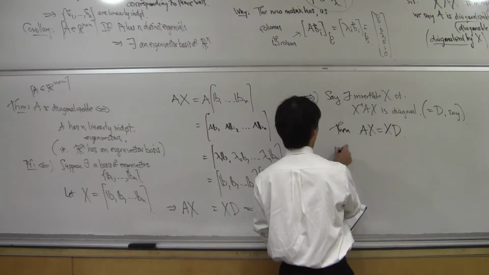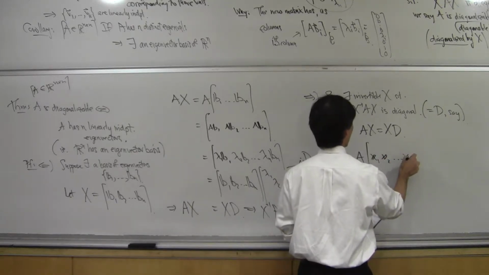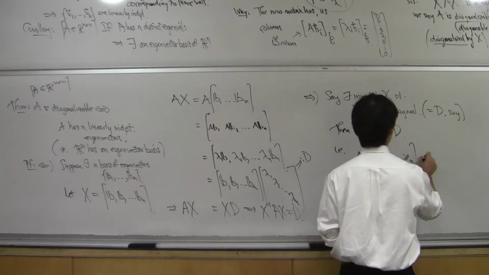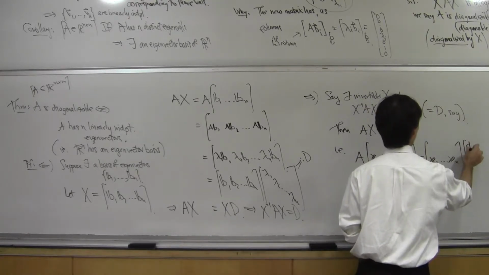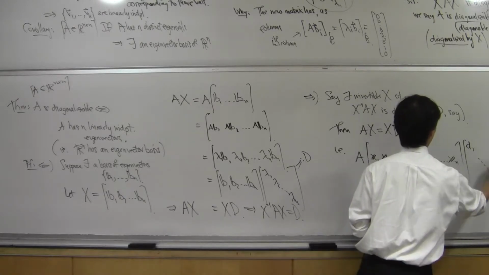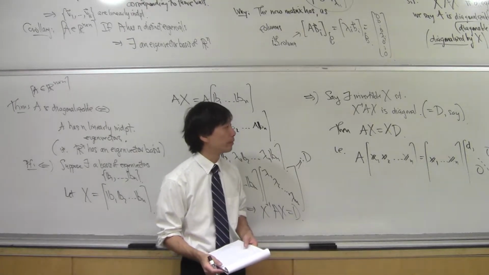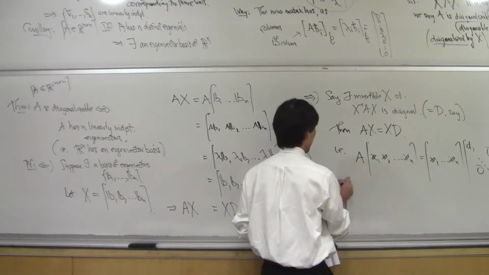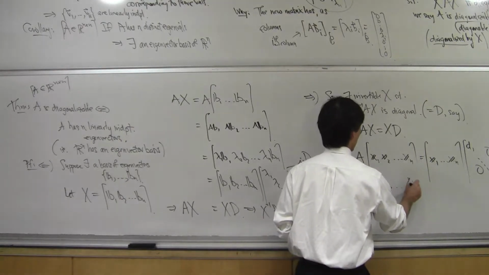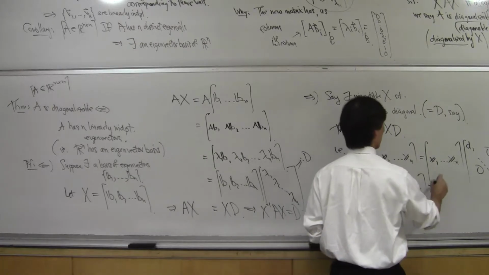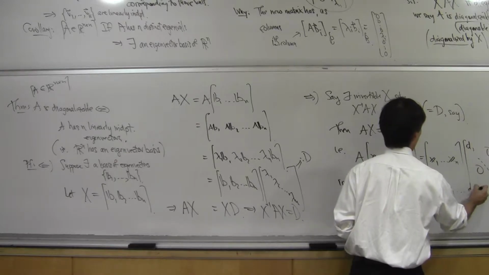That means A times x1 through xn equals x1 through xn times d1 through dn. So A x1, A x2, A xn equals d1 x1 through dn xn.